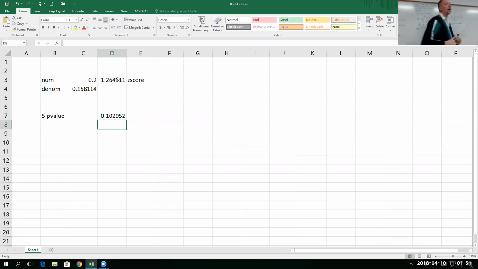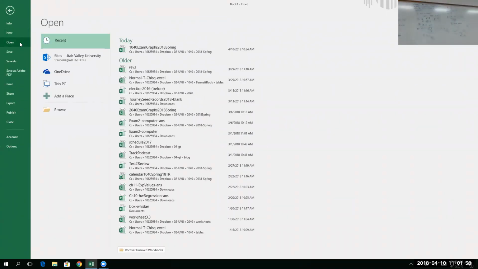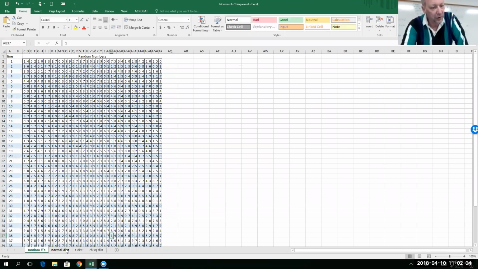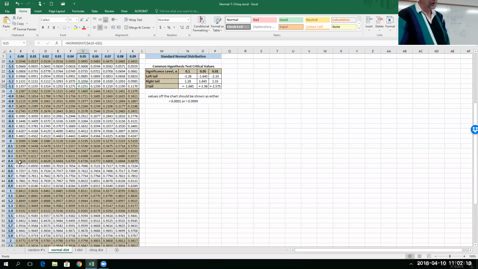Now, how would I find that on the chart? Okay, I'm going to open this up. The chart is right here. I've got an electronic version here. If I go to my normal distribution, how do I use this table? I'm going to find 1.26. 1.26 is column H here. So I got 0.8770, right?